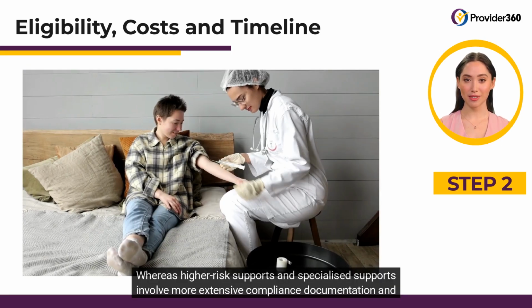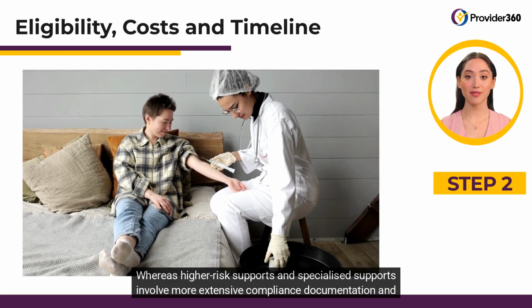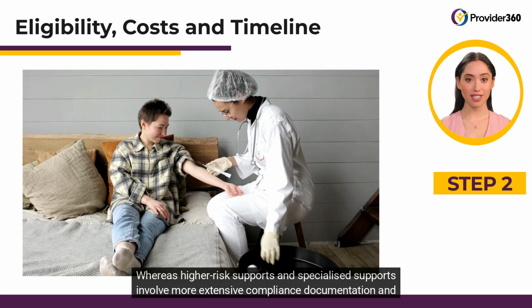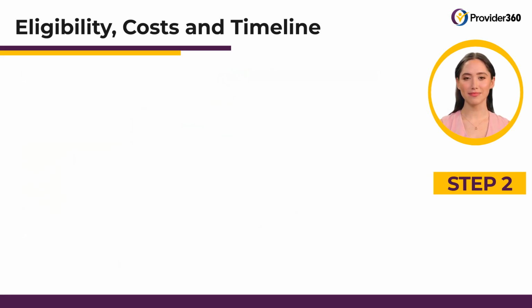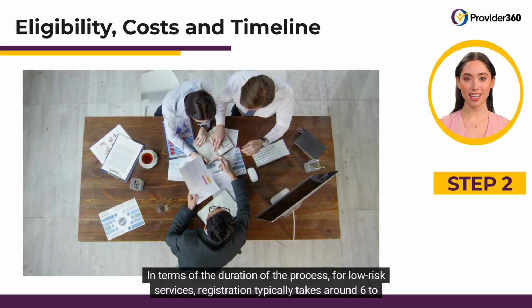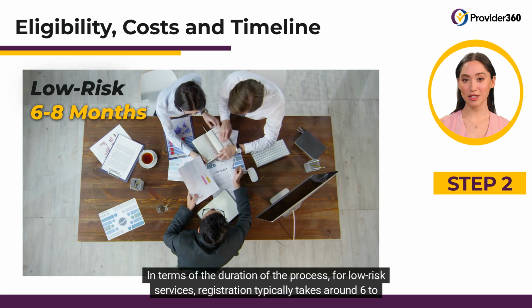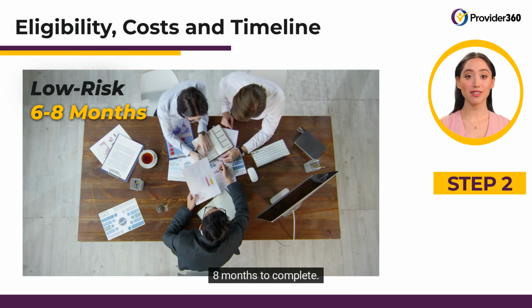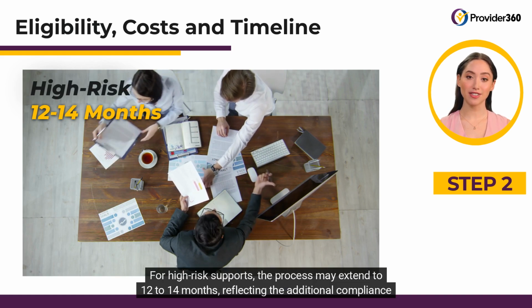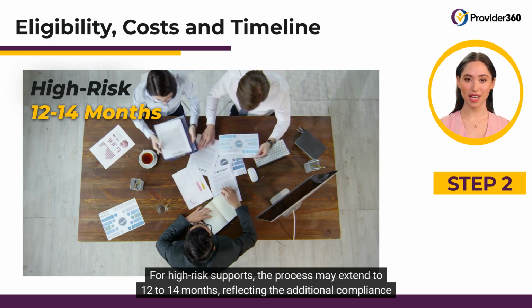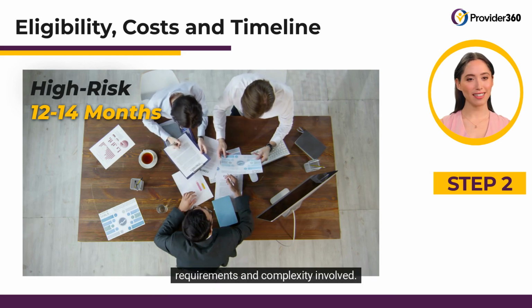Whereas higher-risk supports and specialized supports involve more extensive compliance documentation and two-stage audits, resulting in higher fees. In terms of the duration of the process for low-risk services, registration typically takes around 6 to 8 months to complete. For high-risk supports, the process may extend to 12 to 14 months, reflecting the additional compliance requirements and complexity involved.